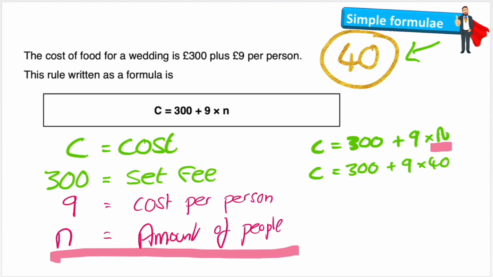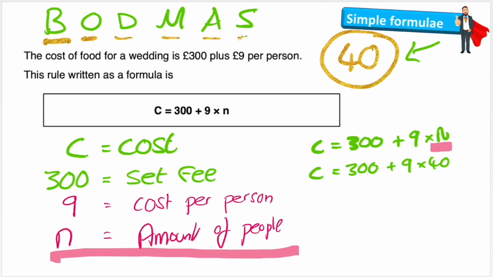And now we need to use a little bit of our BODMAS knowledge. BODMAS is a helpful reminder for what order of operations we have to do things in. And if I just write BODMAS at the top here, we have brackets, order, division, multiplication, addition, and subtraction. And what we can see here is that multiplication is before addition, so I'm going to do my multiplication first in my algebraic equation.